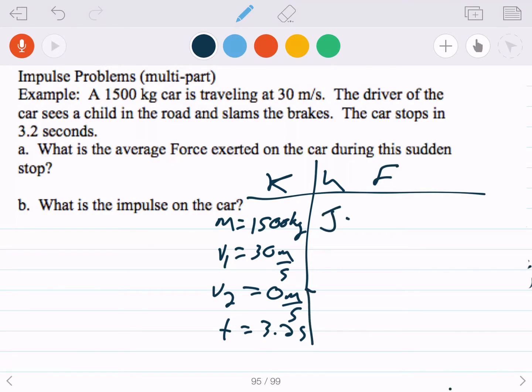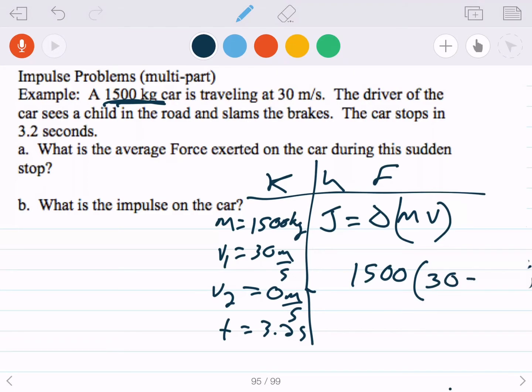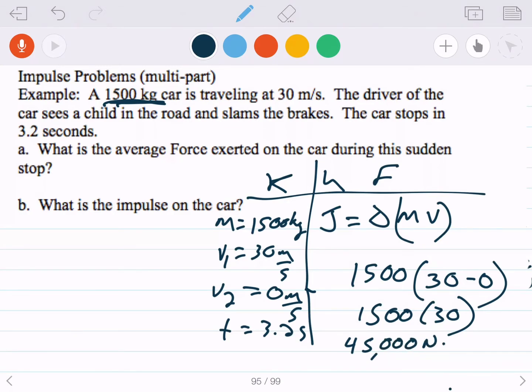If you use impulse equals the change in mass times velocity, is the mass changing in this? Is 1,500 changing at all? No, so 1,500 stays the same, but the velocity changes, so 30 minus 0, and we get 1,500 times 30, which is 45,000 newtons times seconds. That's our impulse. That's the answer to part B.